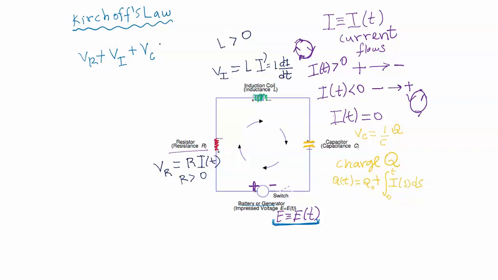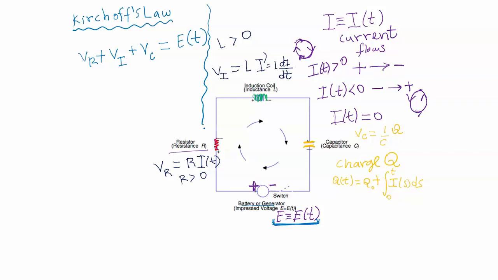So there is a match between this potential E of t and the voltage drops on each of these points. The addition of the voltage drops will match the impressed voltage.